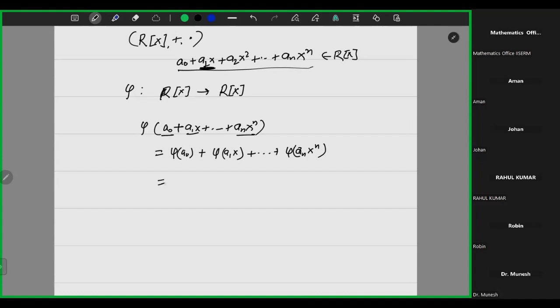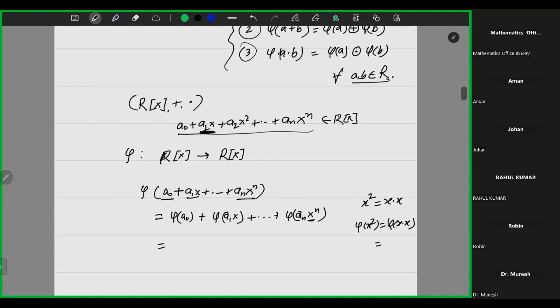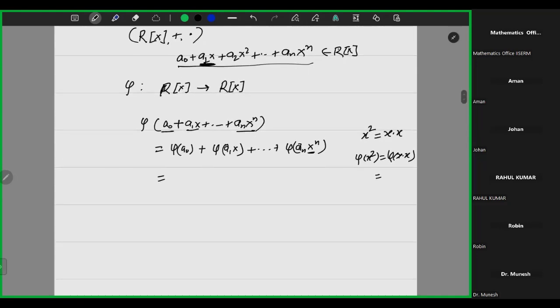Now, if you see here, x power n is appearing. If there is x square, it can be written as x into x, right? So once you apply phi on x square, I mean phi of x into x, what does it become? Using the third property, it is the product of phi x with phi x.